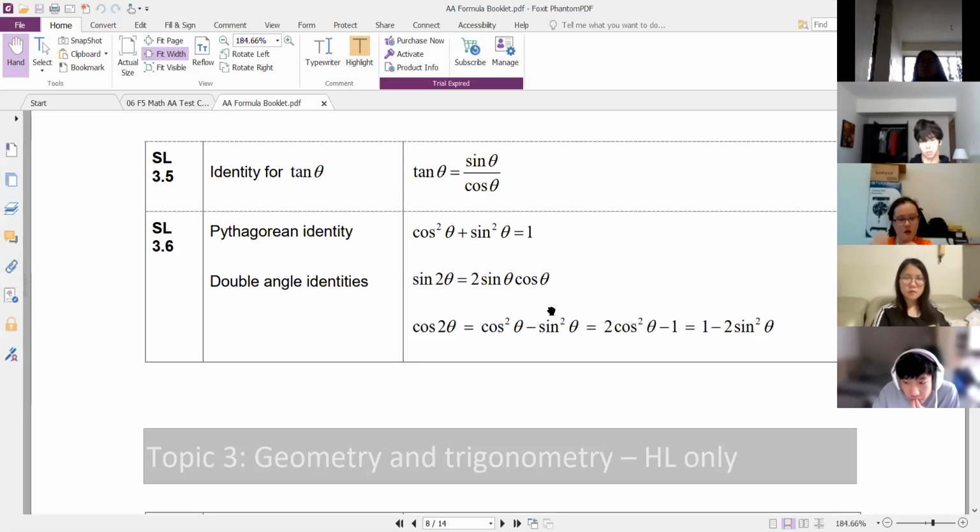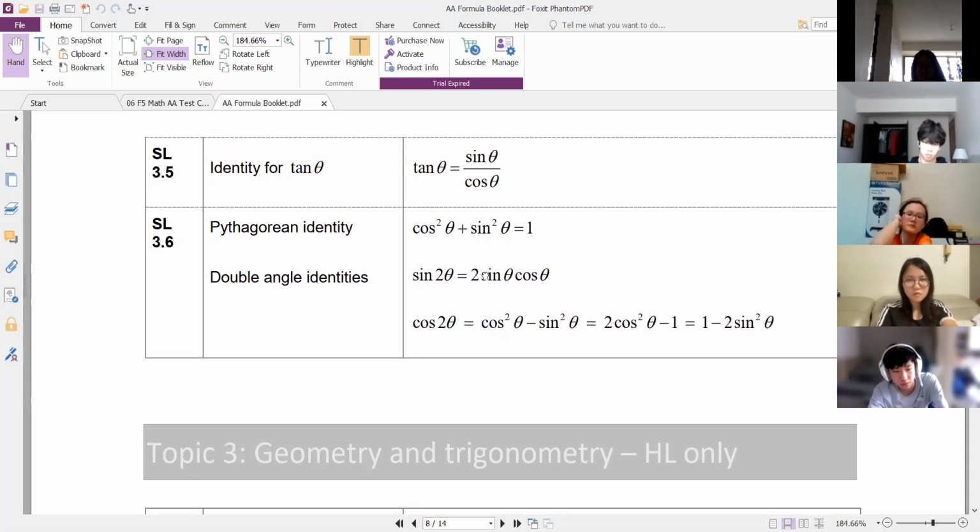This is the identity for double angle for sine, and this is the double angle for cosine. Double angle for cosine is 3 of them: cos square minus sine square, 2 cos square minus 1, then 1 minus 2 sine square. There's a way we can show all this, but we don't have the time, and actually it's not necessary to know how. But the HL students have done this, they know how we derive this. So this is what you need in that question.